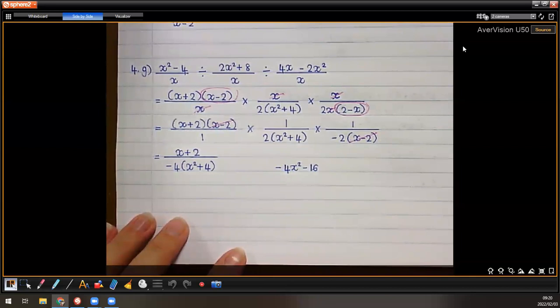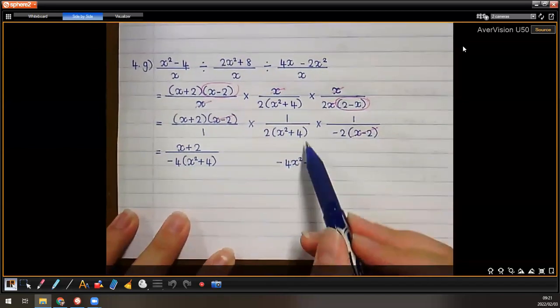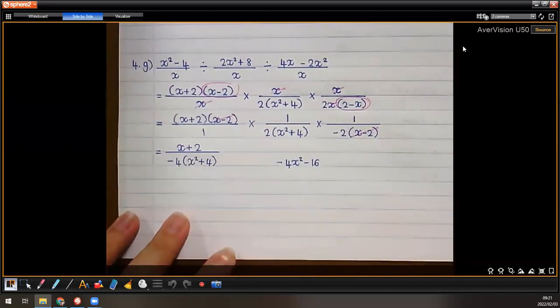What do you mean take out? So you're saying taking out x plus 2 at the bottom, basically, to cancel it out.